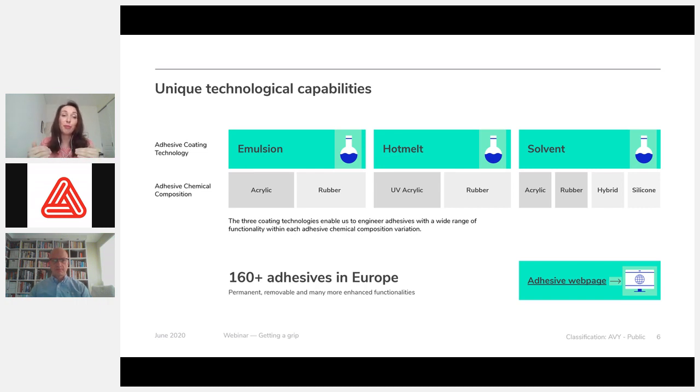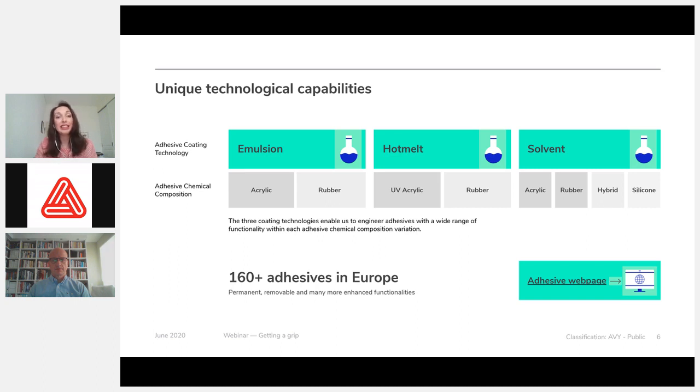Then you have many more layers to add to the chemistry, because potentially you would like your adhesive to be able to withstand a pasteurization process. Or maybe you need an adhesive that would help your compostability efforts, for instance, to support industrial composting. Or maybe you require wash-off performance in cold temperature or in a caustic bath.